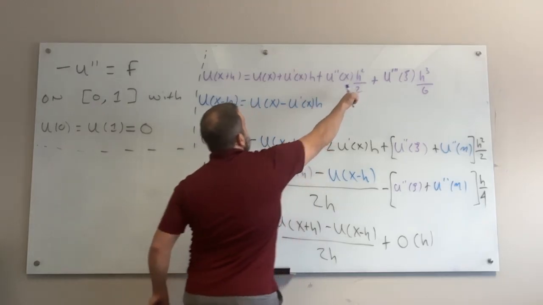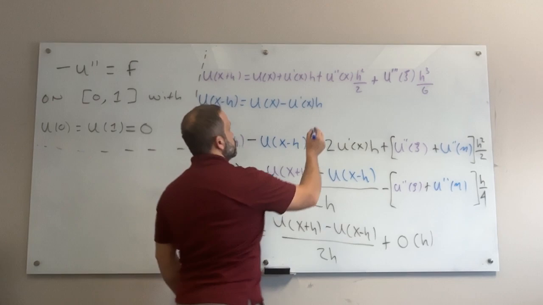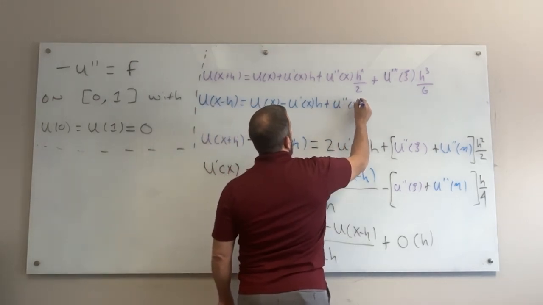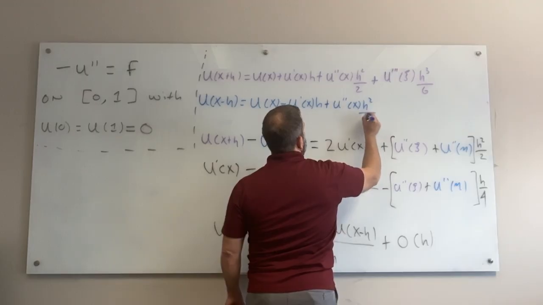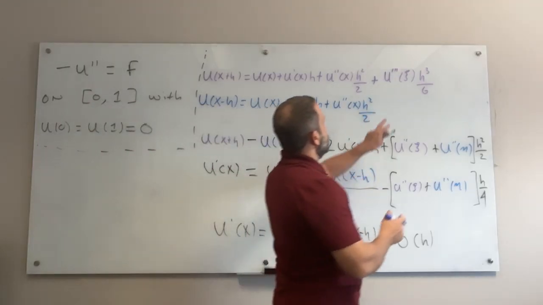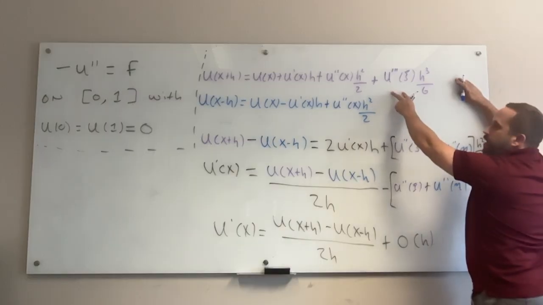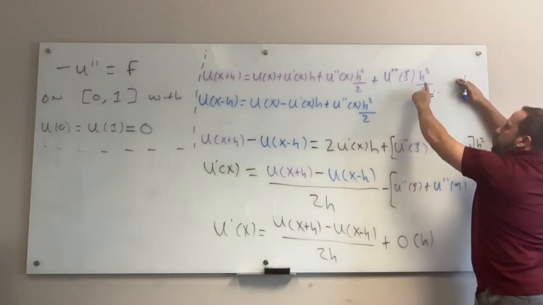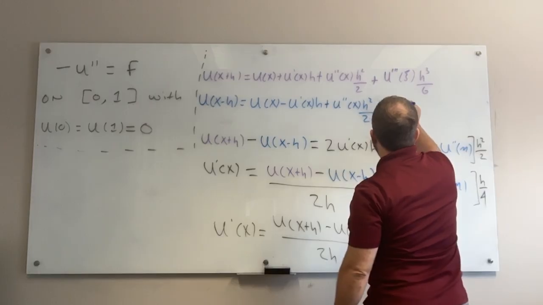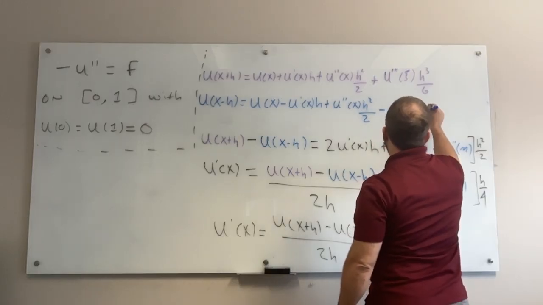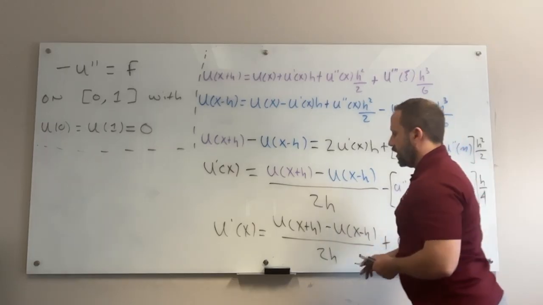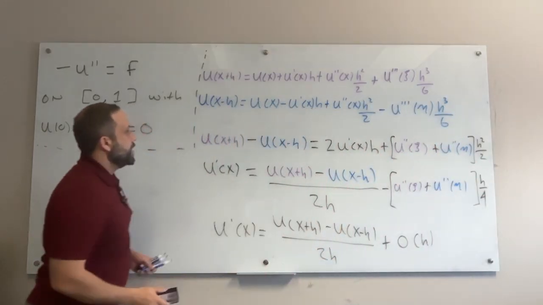But minus h squared is just h squared, so this is going to be plus u double prime of x times h squared divided by 2. And then the third order term is going to be minus h cubed, so minus u triple prime of eta times h cubed over 6.